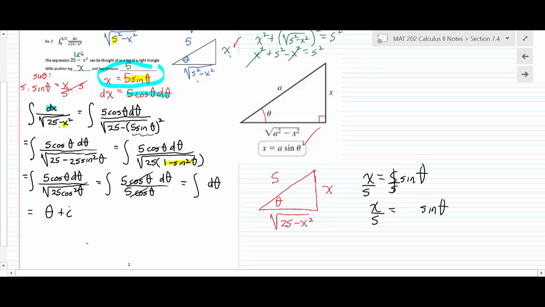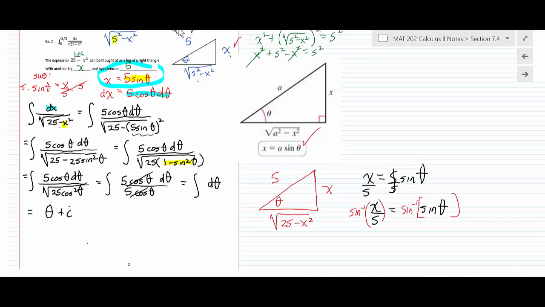Okay, now I need to solve that for theta. This is a trig background thing right here. If you remember your trig, you could tell me what theta is. Can you? Good, inverse sine. Okay, or you can do it this way. If you take the inverse sine of both sides, that's one way to look at this.